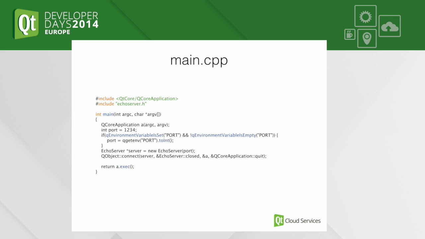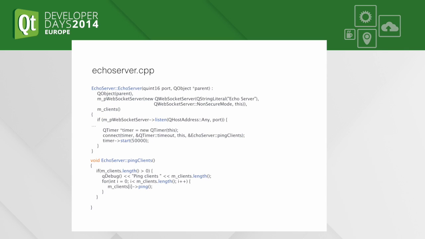And then we just create a new echo server and pass the port there. And in the echo server class, we just listen to the port that is given. And then we create a timer that pings our clients, in these examples, every 50 seconds.